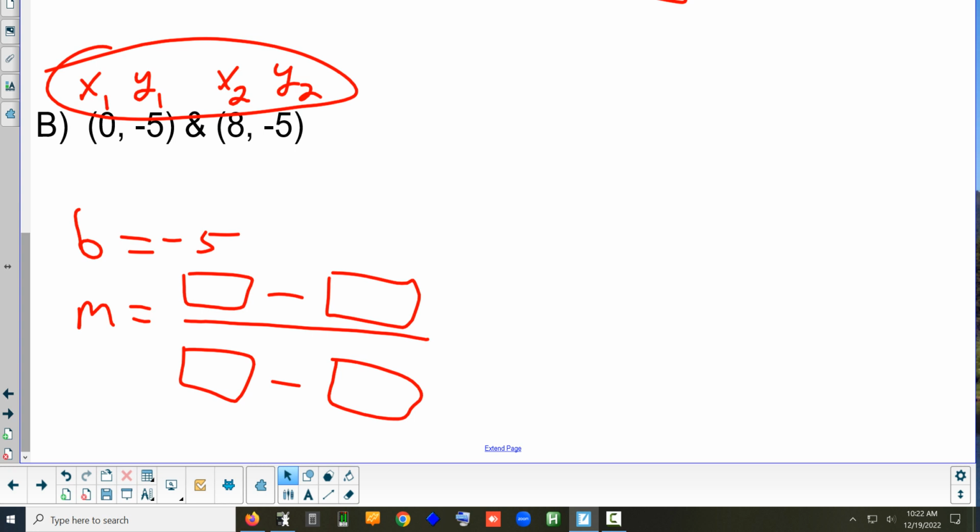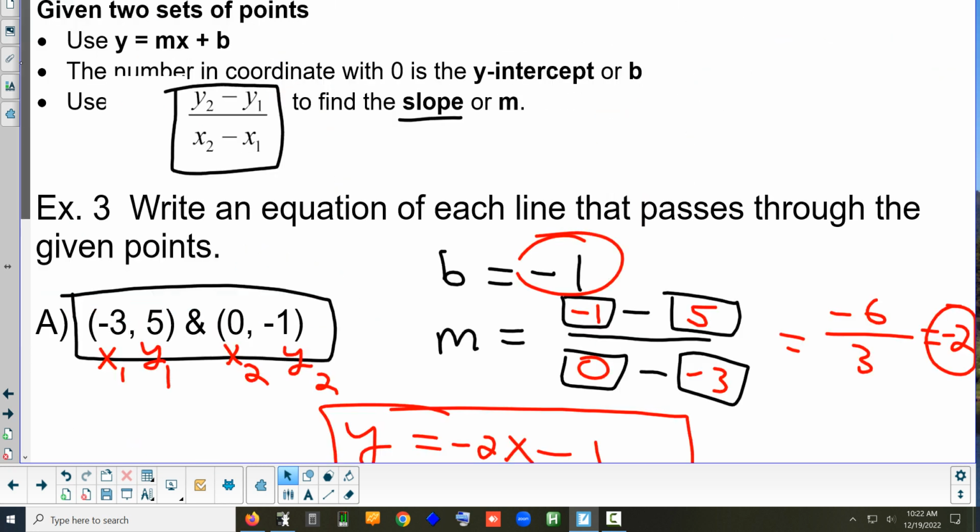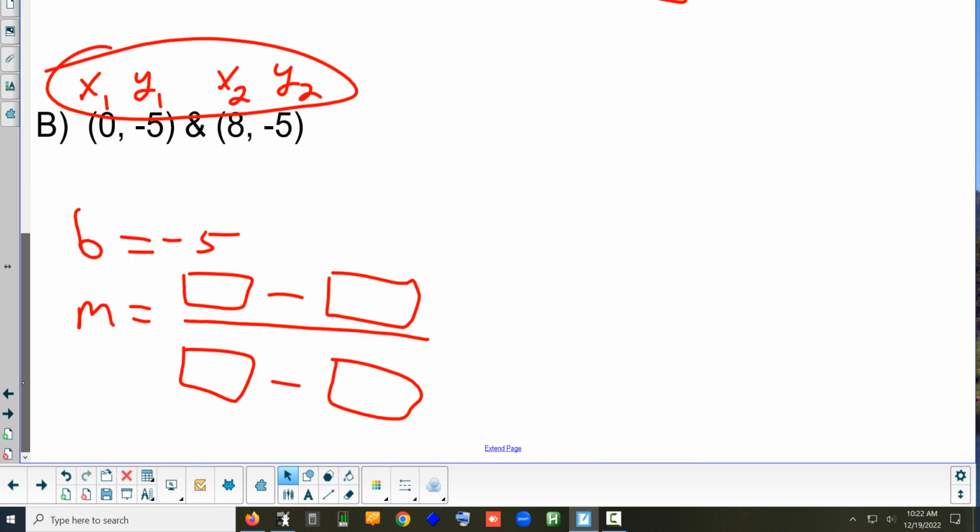No, not x1. Anybody remind me what goes in the upper left? y2. y2 goes in the upper left. So we're going to do -5. How about the one in the upper right? Also -5.